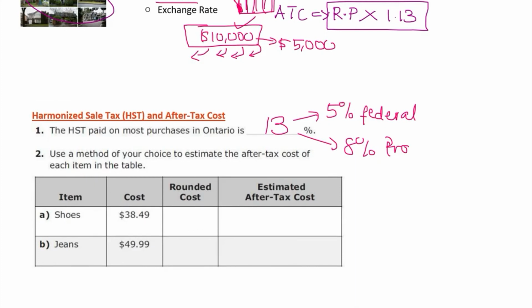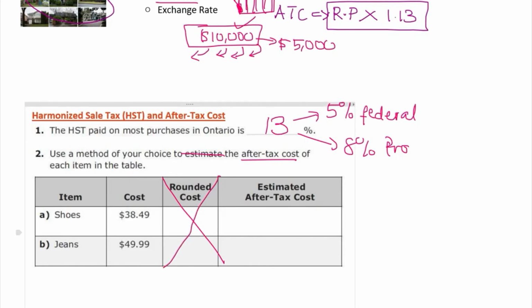Number 2 is looking at using the table of your choice to estimate. We're going to eliminate that and mainly use a calculator for this particular question. We're going to determine the after-tax cost of each item in the table. Rounding the cost, we're not going to include in this lesson.